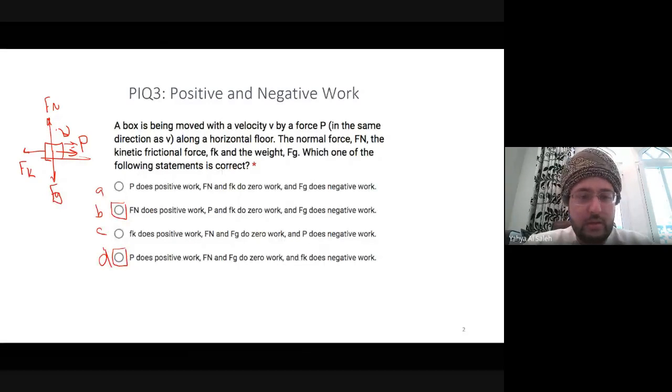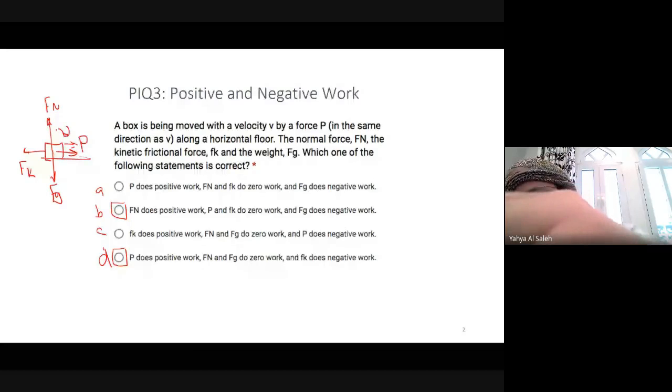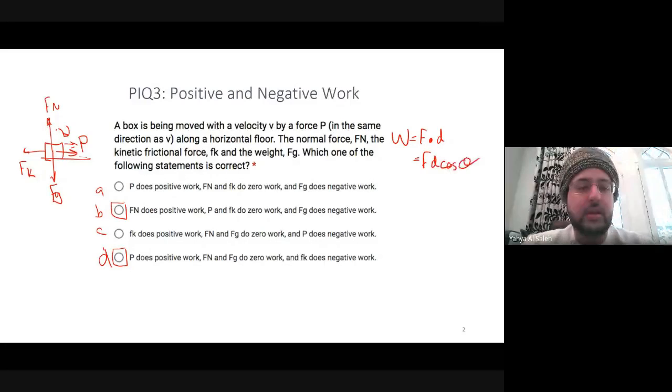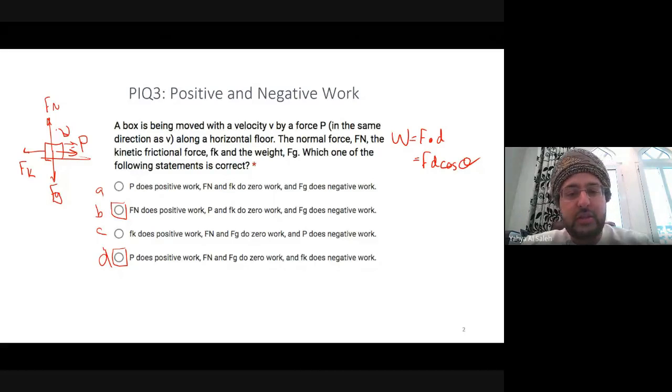Remember, the definition of work is F dot d, which is equal to F d cosine theta in the case of constant forces. Fn and Fg are both at 90 degrees, and cosine 90 is 0, which means Fn and Fg do zero work.